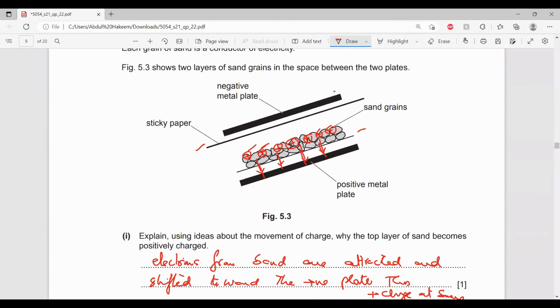State why the top layer of sand moves towards the sticky paper. Look, this is negatively charged because it's connected to the negative. So there is a force of attraction between negative and positive. So this sand is attracted by the sticky paper.